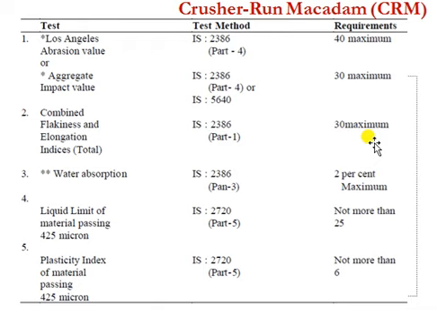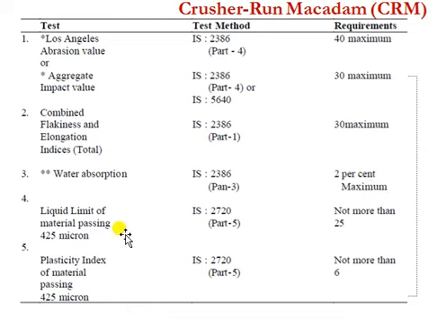If it exceeds 30%, the material will be more slender, and when it is subjected to loading, the edges of the material will undergo breaking. The water absorption capacity of the material, as per IS 2386 part 3, is a maximum of 2%. It should not absorb water more than 2% of its weight.